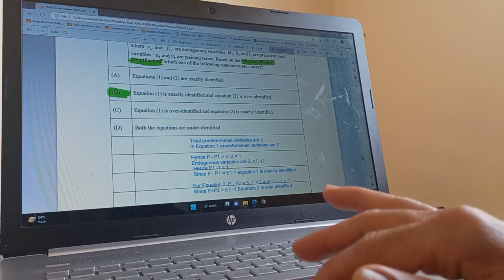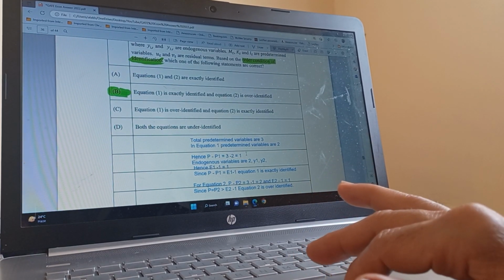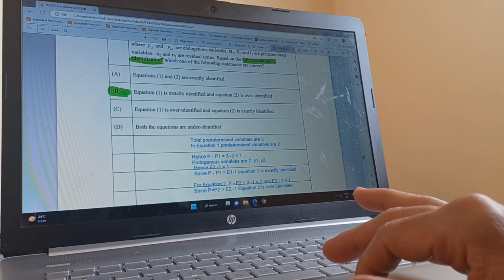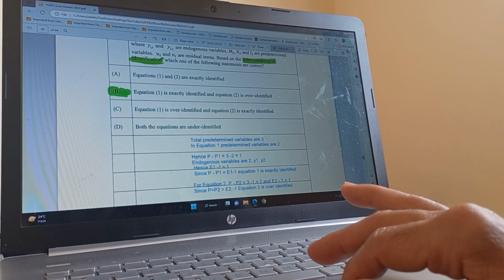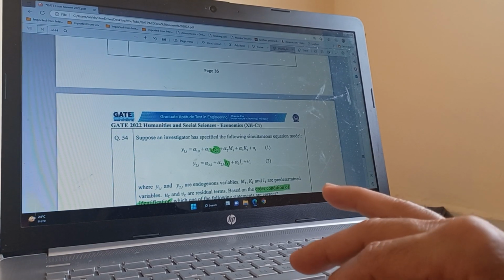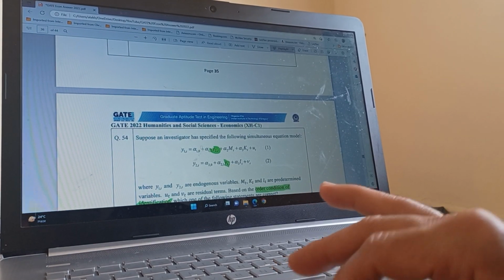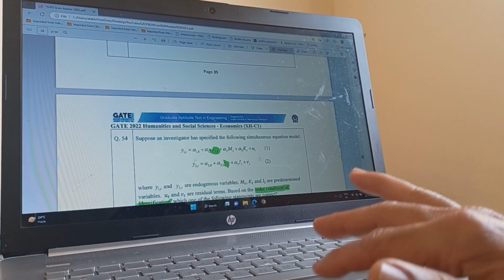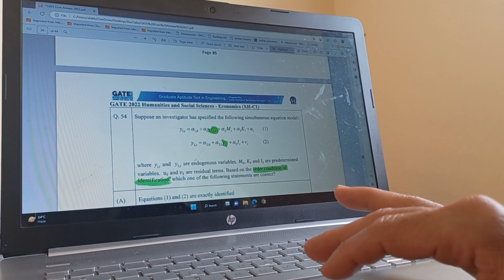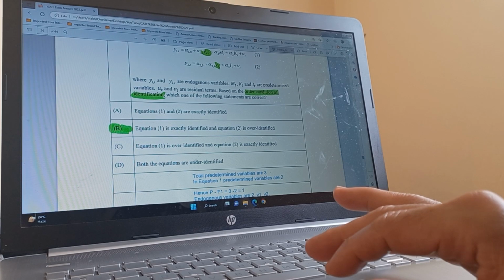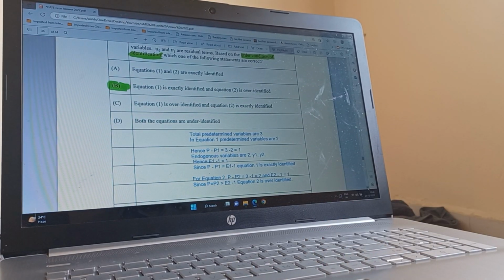That way I get P minus P1 equal to 1. The endogenous variables are y1 and y2, so there are two endogenous variables, and I deduct 1 from that, two minus 1, which gives 1, and that way both are equal.